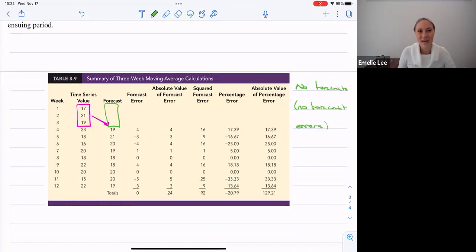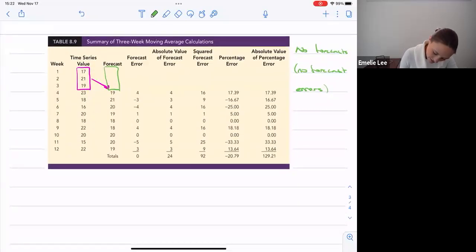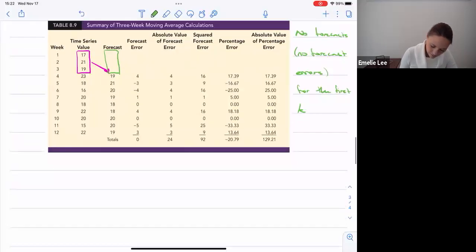You can't lose if you don't play, right? That kind of deal. So no forecasts or no forecast errors for the first K observations.